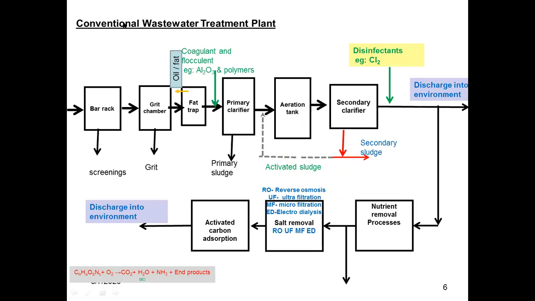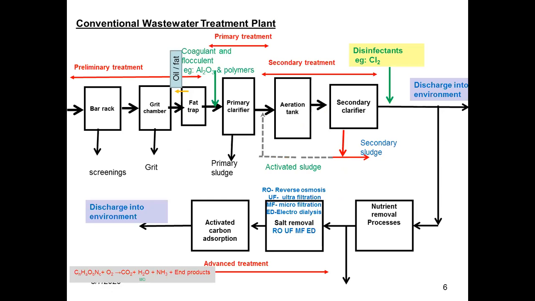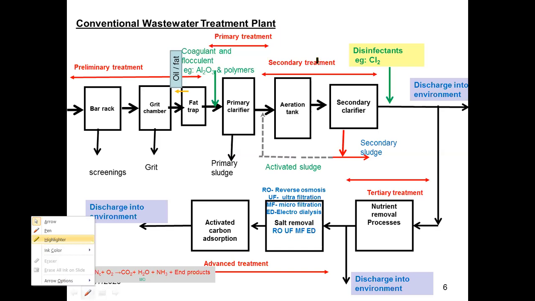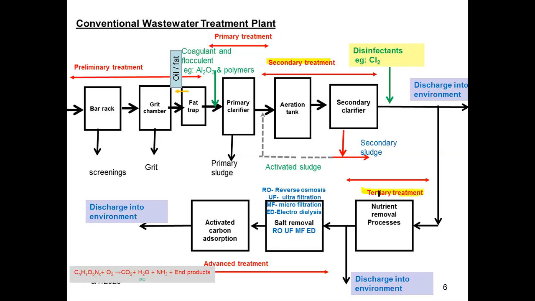And this is the whole diagram of the conventional wastewater treatment plant. I am not going to talk about this: preliminary treatment, primary treatment, secondary treatment, advanced treatment, and tertiary treatment. Usually in secondary treatment and tertiary treatment, we can use biological treatment methods.